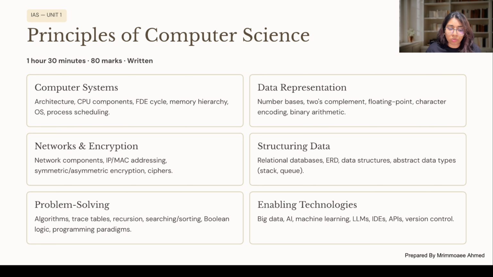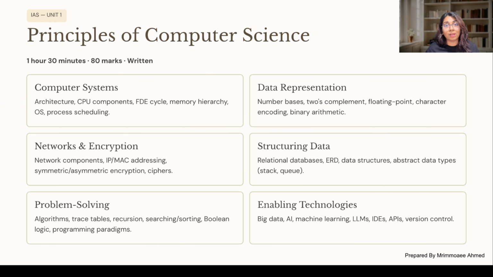Then comes structuring data. Structuring data is a little bit related to databases. We can say how we are able to create a database table by using a relational database, with primary and foreign keys. We will also learn about the ERD diagram. An ERD diagram shows the relations, based on how we create a primary and foreign key in a table.